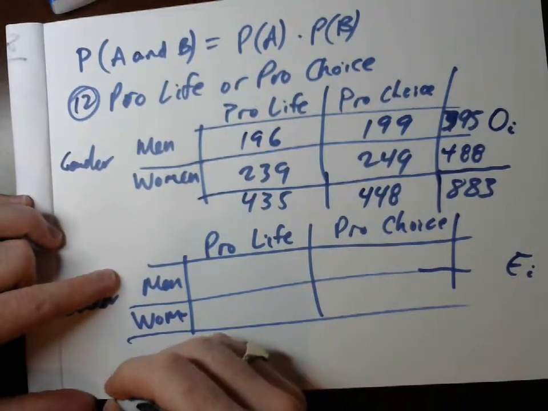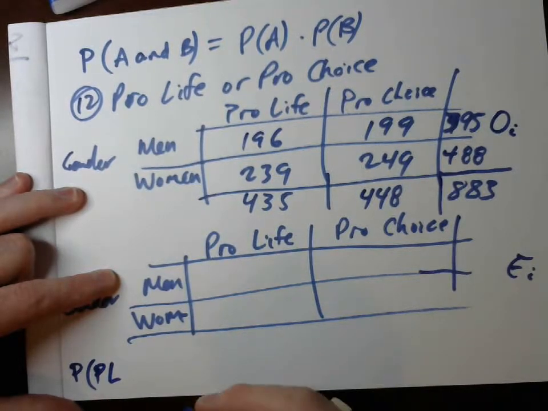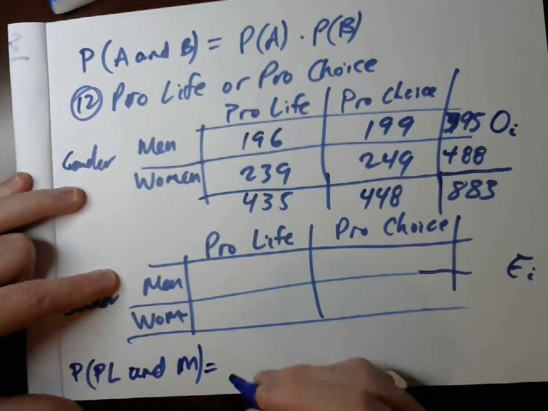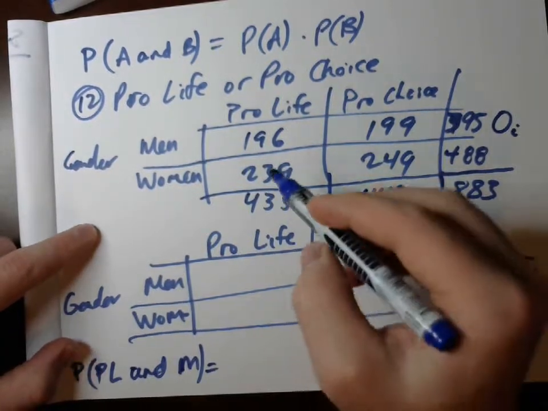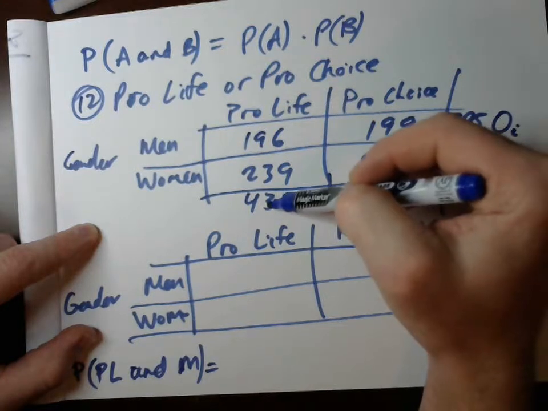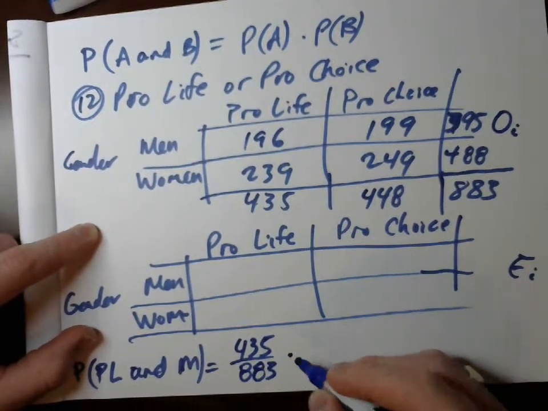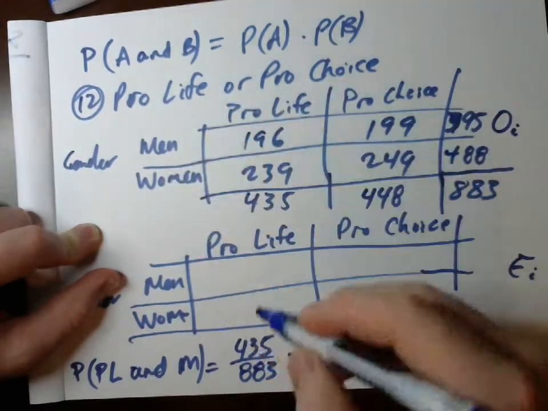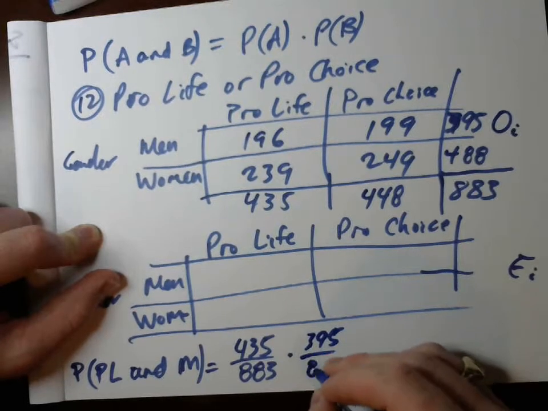So using the equation, the probability of pro-life and male, this cell right here, is equal to the probability of a pro-life, 435 over 883, times the probability of a male, which is 395 over 883.